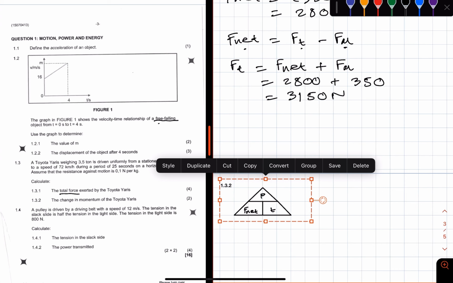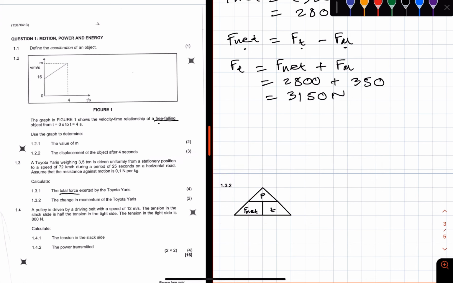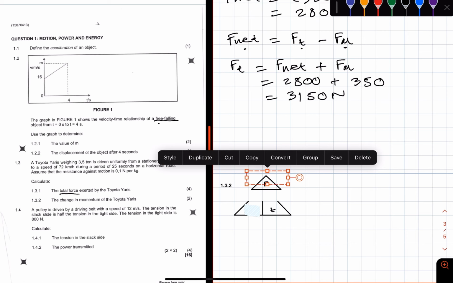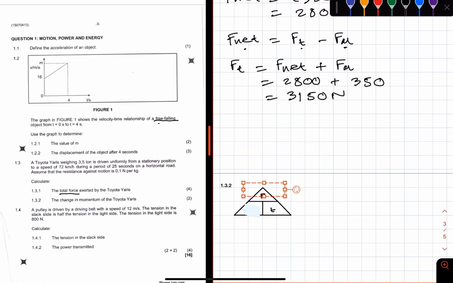The variable on the left, F net, can be defined using the formula we get on the triangle. The formula is F net is equal to the change in momentum over the time.